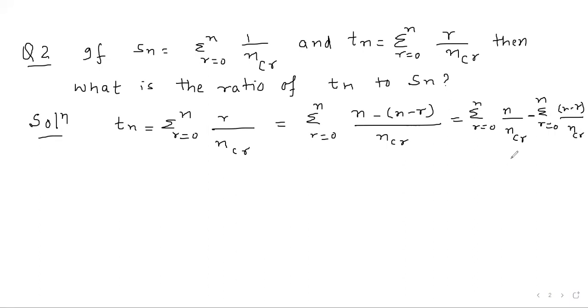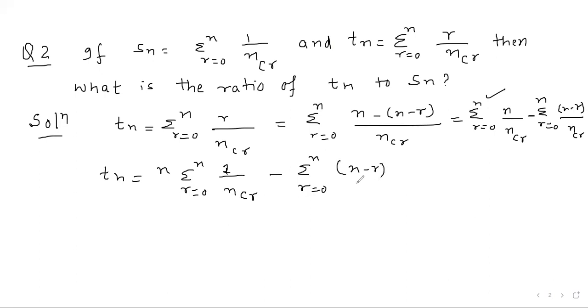Now, from the first term we can take out n because n is not changing. So Tn equals n common sigma r = 0 up to n, and then 1 upon nCr, minus sigma r = 0 up to n, then (n - r) divided by nCr.